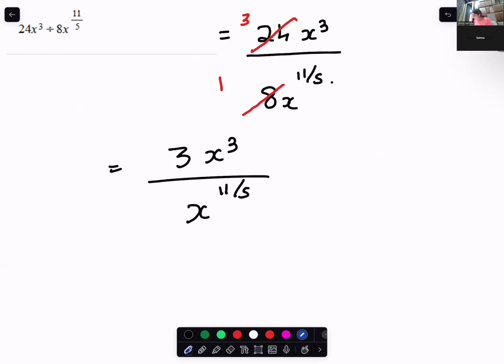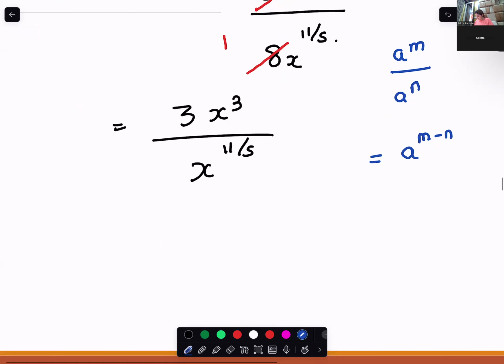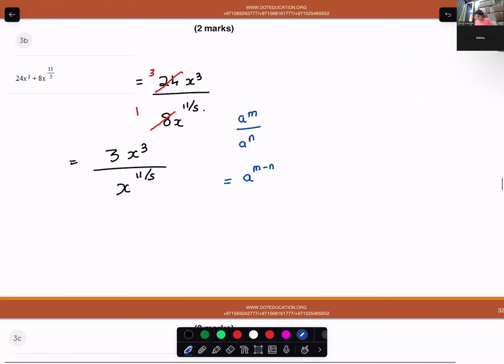You can apply your law of indices, which says a raised to m over a raised to n gives you a raised to m minus n. So this will become 3x raised to 3 minus 11 by 5. Now let's see what 3 minus 11 by 5 is.